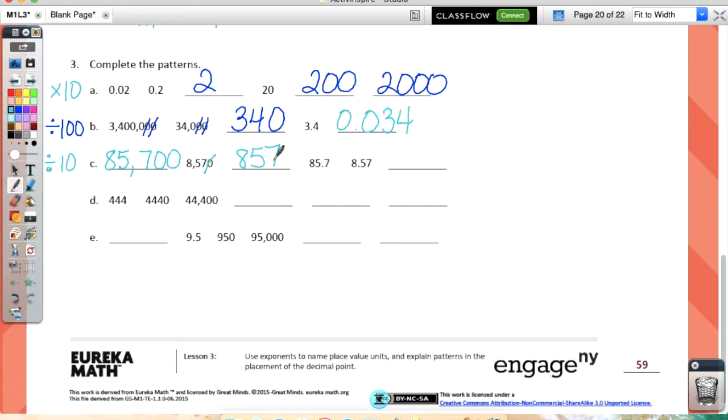You with me? Now they did 2 for us. So now we've got to divide 8.57 by 10. So when I divide, which way do I move the decimal? To the left. How many times for 10? Once.